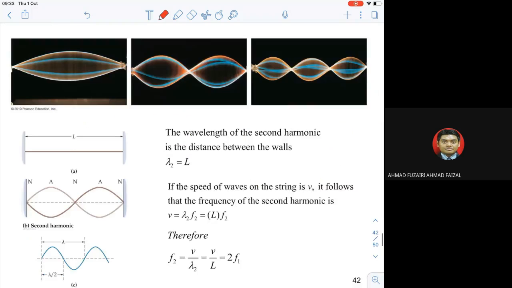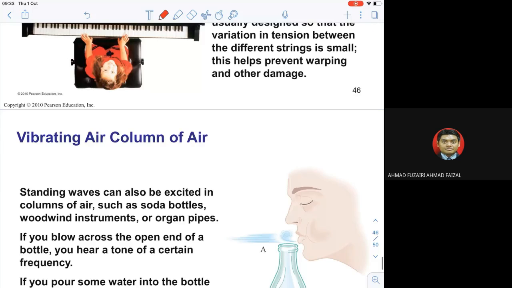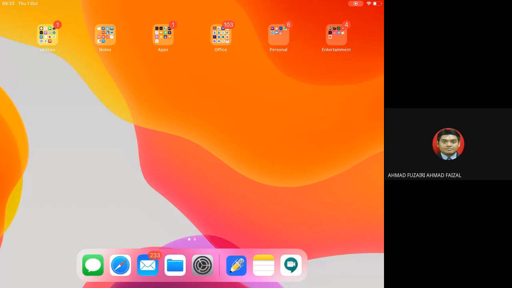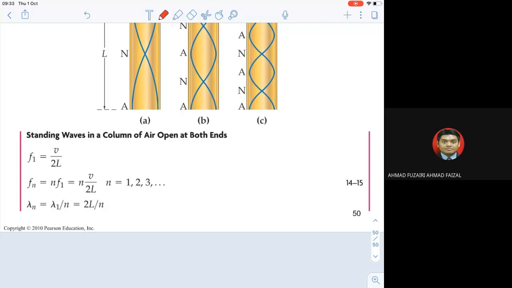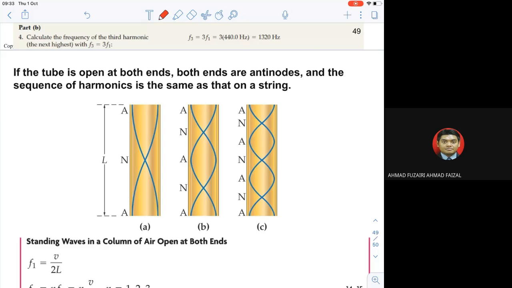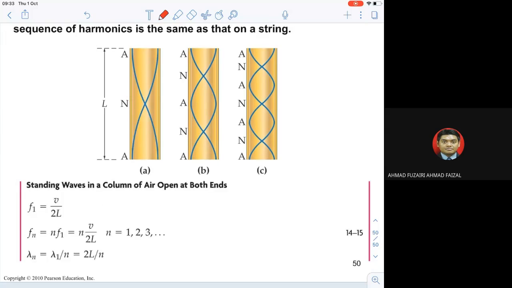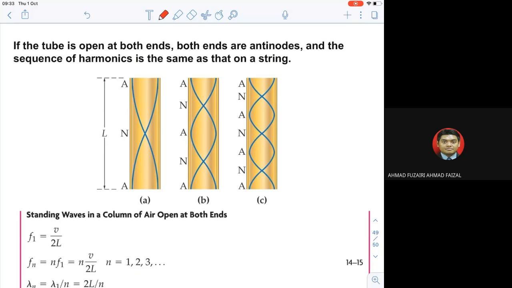So we skip the closed end and we go straight away to the open end. So this should be the open end. How to draw an open end? Open end is like this.